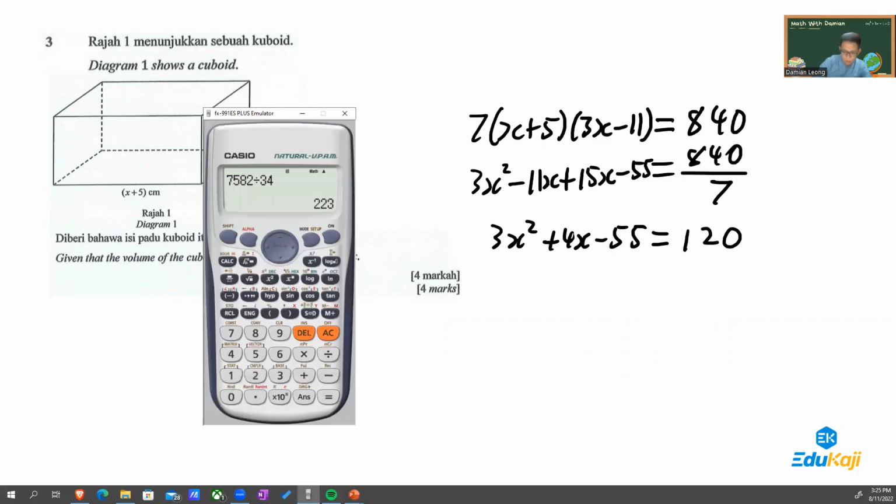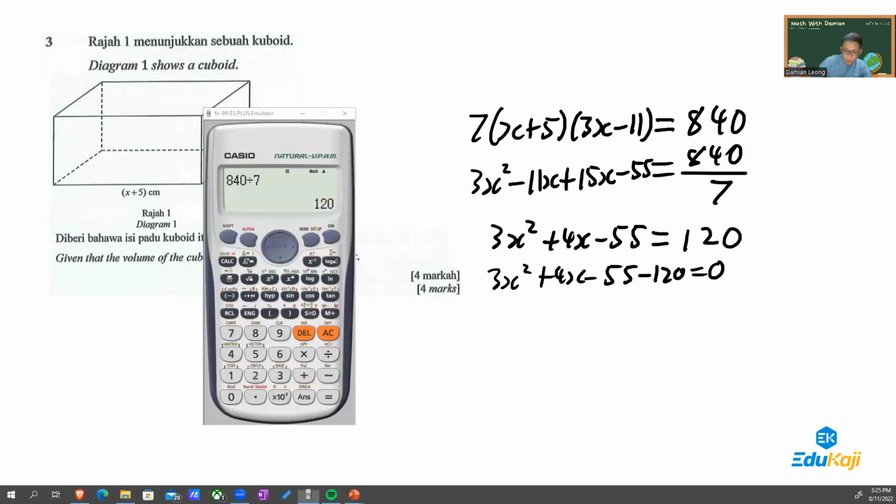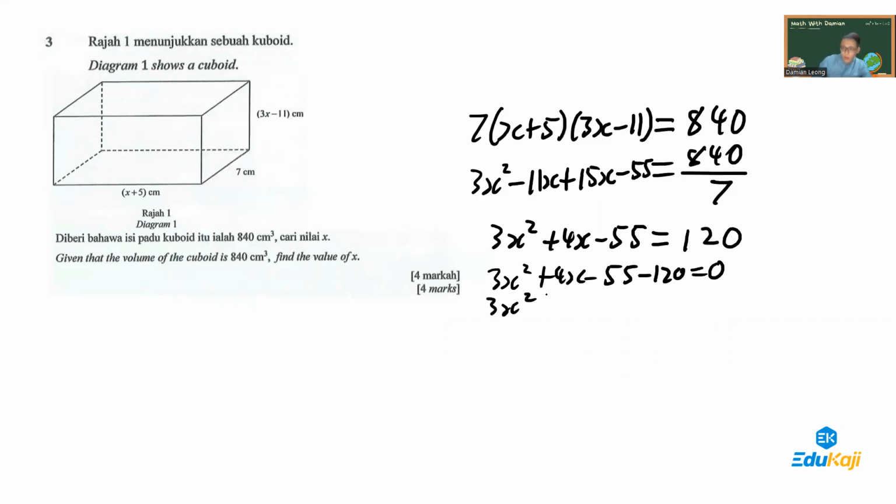Right? Yeah, 120. Then bring over, positive becomes minus. So 3x squared plus 4x minus 175 equals 0.